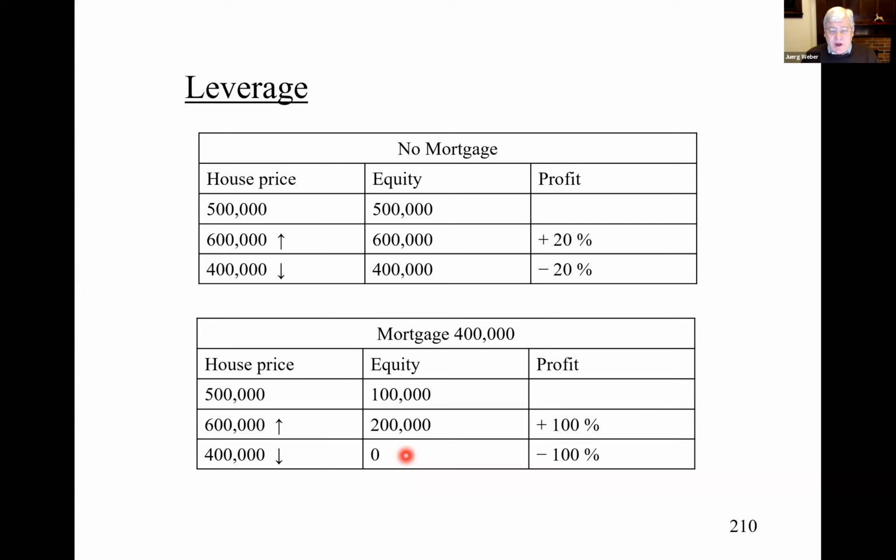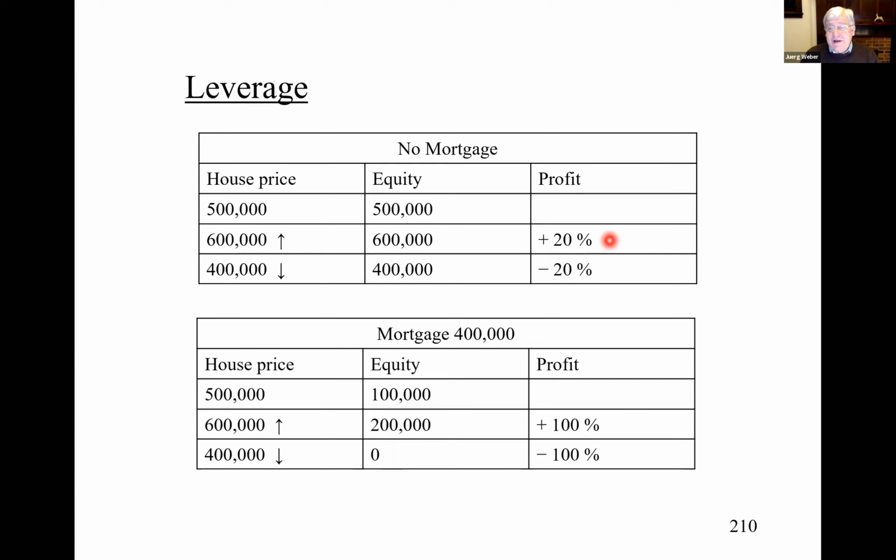So in financial markets, even wealthy people borrow because they like the leverage. They don't need the money, but they would like to have the leverage. So even very wealthy people, billionaires, they borrow money because then the capital gains are much higher when the market increases.